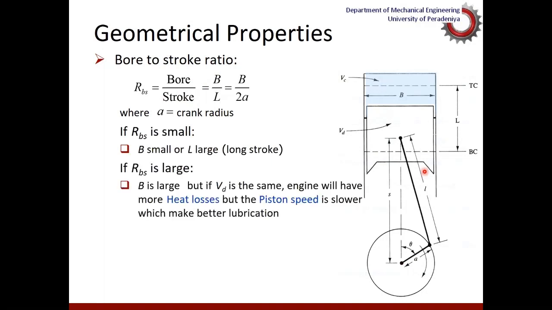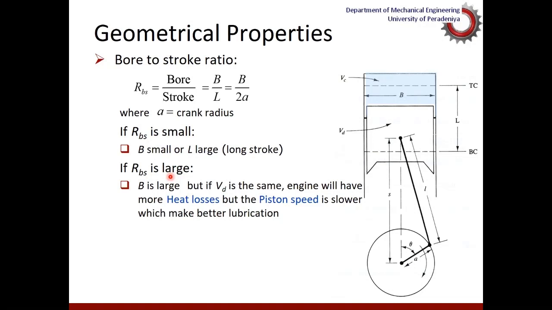The problem is, as I said earlier, when you have a large bore diameter, bore radius or diameter, then we find that the surface area to volume ratio increases. That means more area in a confined volume.